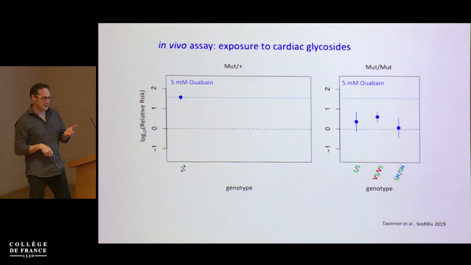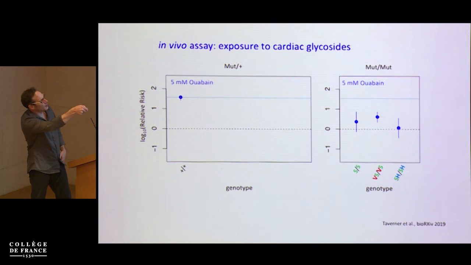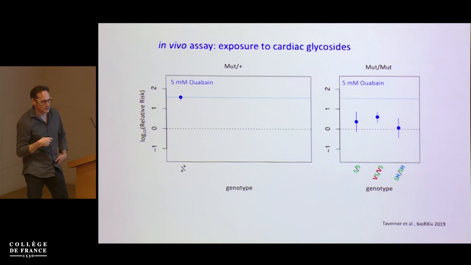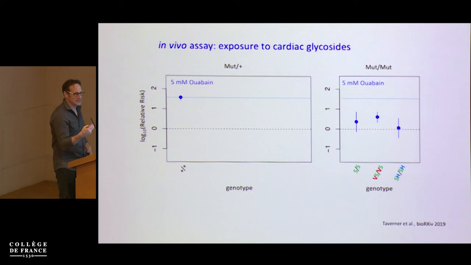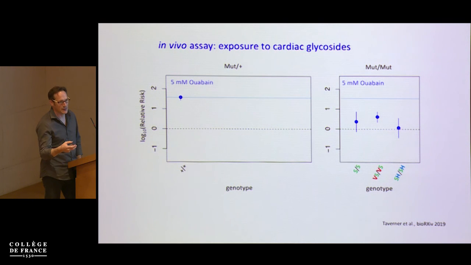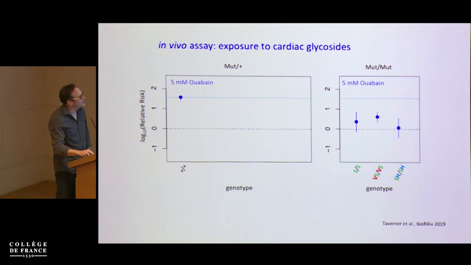When you're homozygous for the permissive substitution, you're doing much better at coping with the toxin than the wild-type control. And so this in vivo assay is contrary to our expectations based on the in vitro assay, which suggested that this permissive substitution doesn't have a measurable effect.